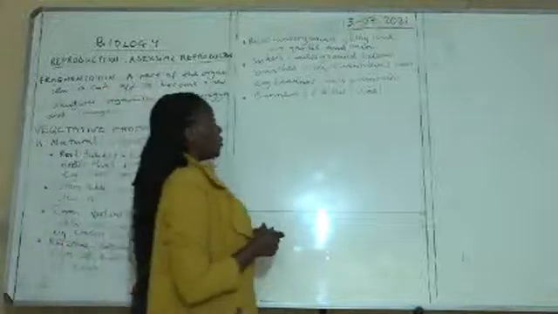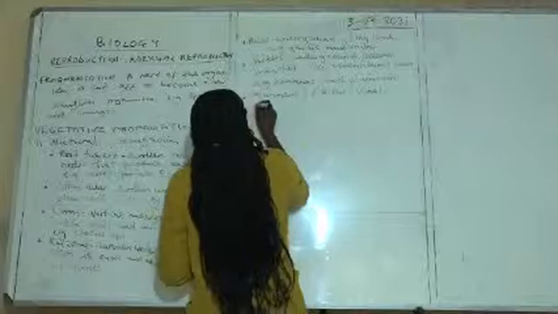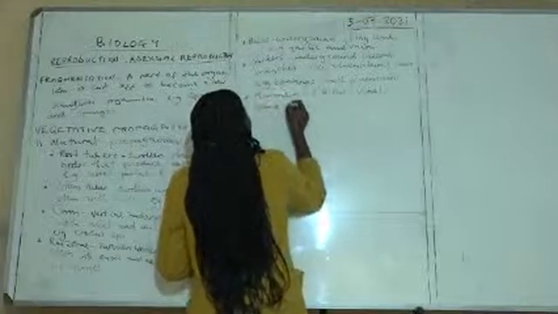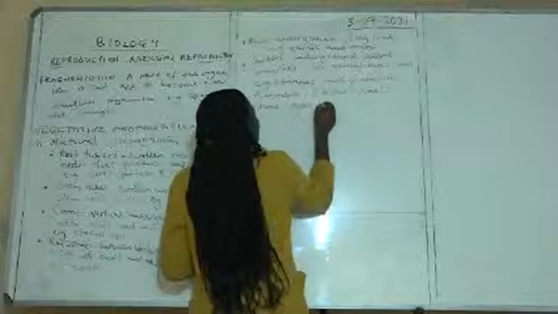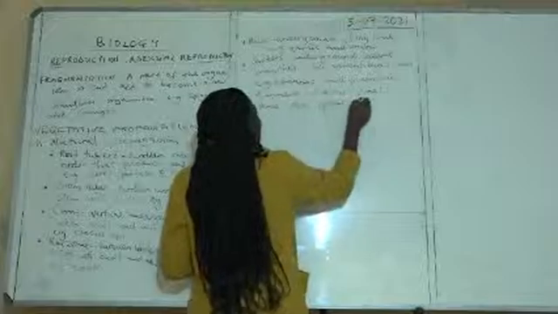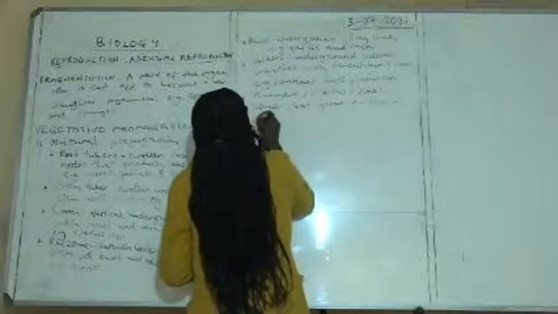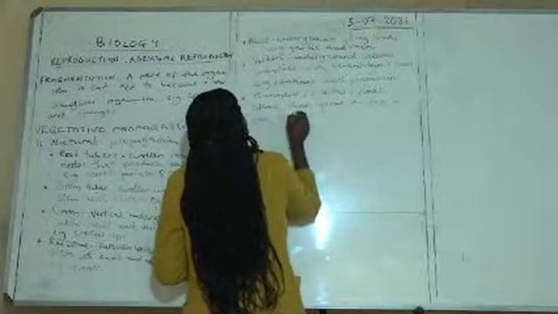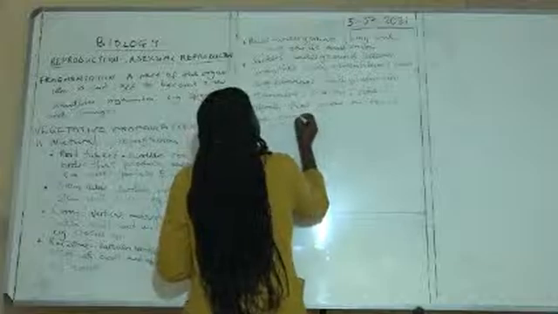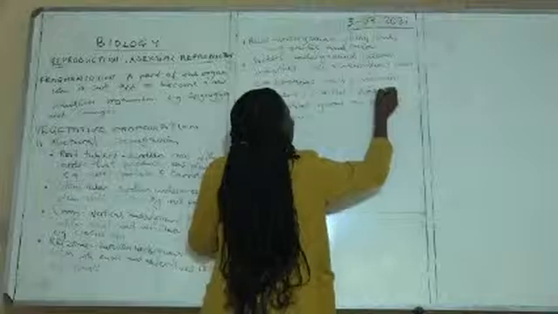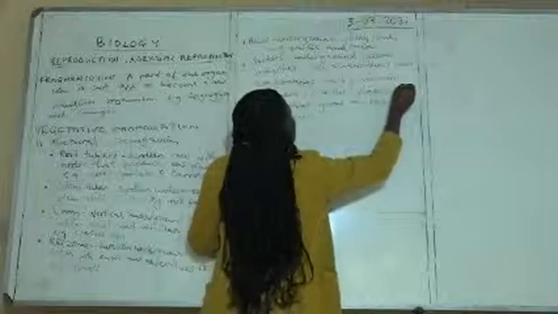Examples are lawn grasses. Just to clarify, let me put horizontal stems.